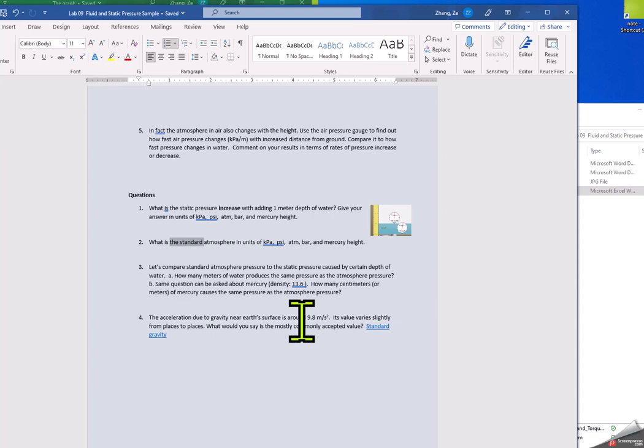For example, in Colorado it will be less. Different places have 9.81, 9.80, 9.79, and so on. In school we use 9.8, but there's a small difference at different locations. So find out the standard accepted value, and give 3 digits.